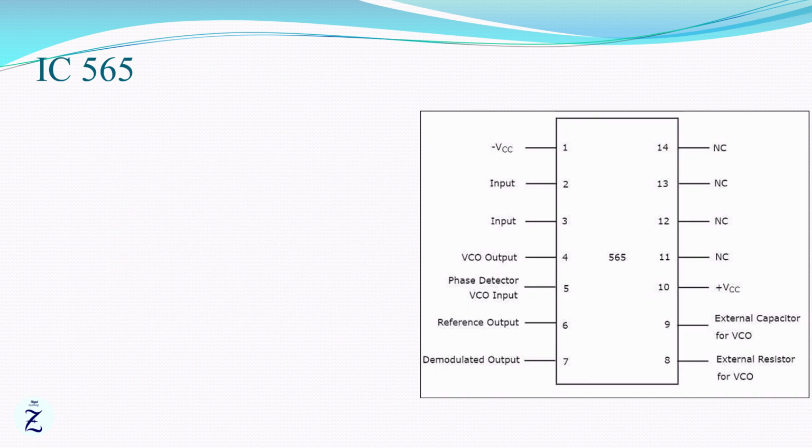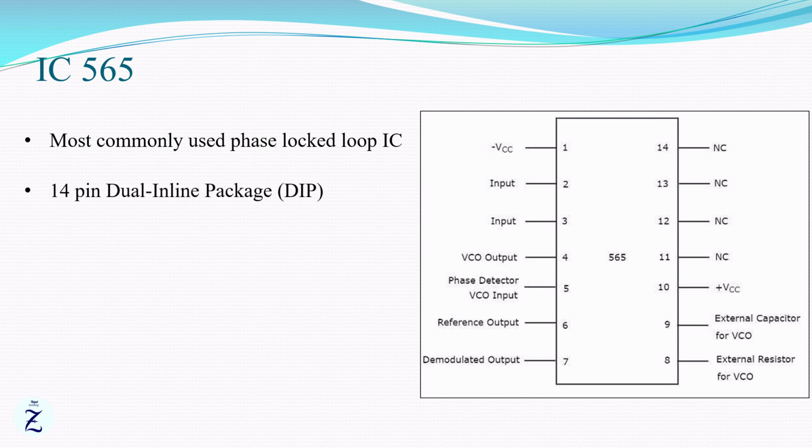Let's start with PLL IC 565. IC 565 is the most commonly used phase locked loop IC. This IC is available as a 14-pin dual in-line package. Here is the pin diagram of IC 565.